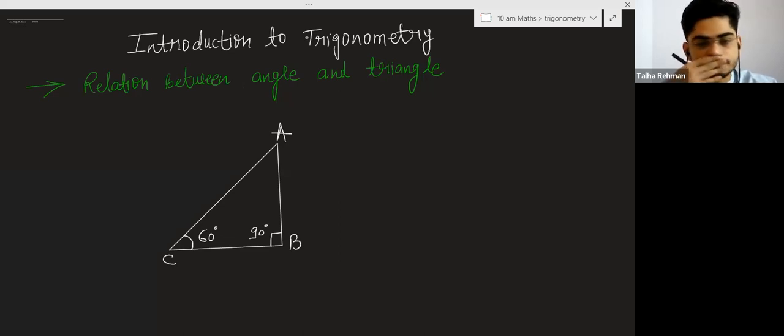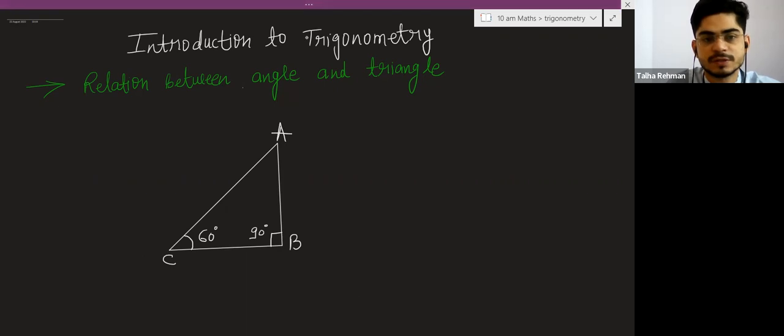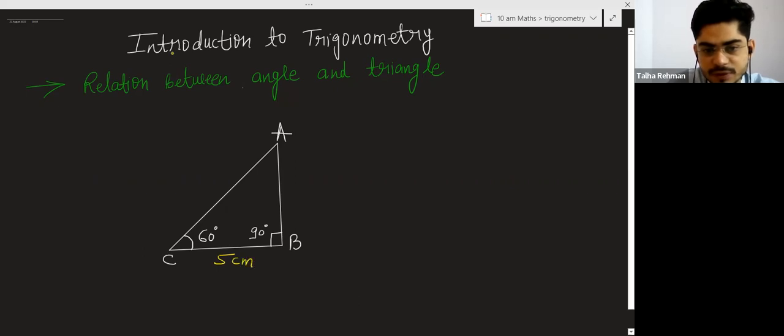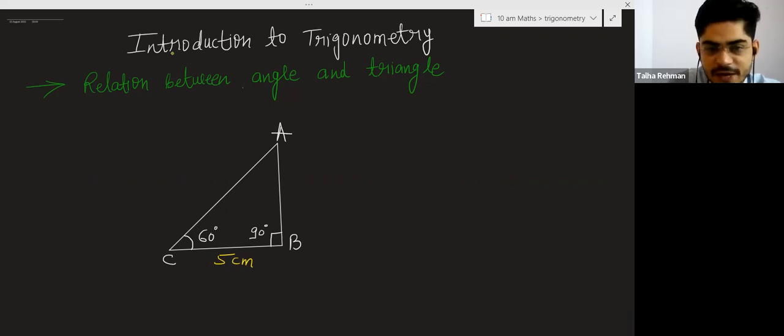And if we know one of the sides of the triangle, suppose side BC is known, suppose this is 5 centimeter, then with the help of trigonometry we can find this side AB, and with the help of trigonometry we can also find this side AC.